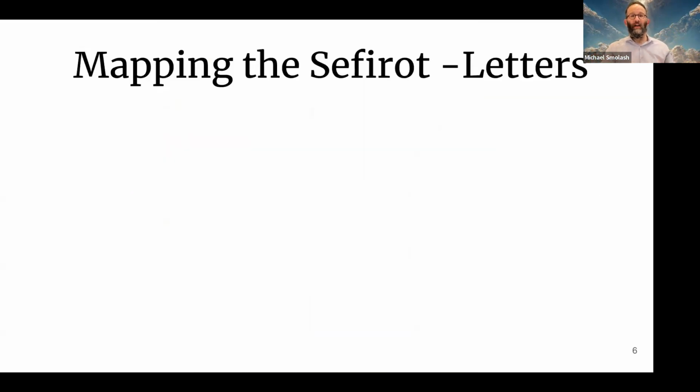So to understand how they map, first we want to understand the qualities of each of the letters. And let me say that letters are more like stages in an algorithm, functions within an algorithm. If we think of God as the creative force that is continuously behind the universe, that's a little like an algorithm that's running or a computer program that's running.